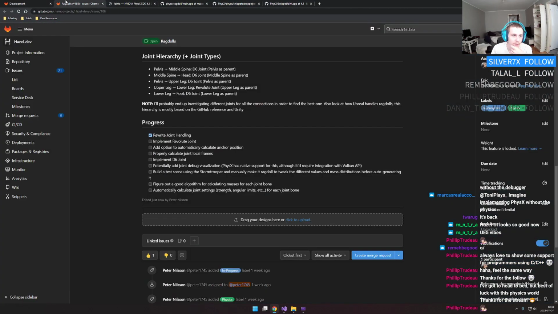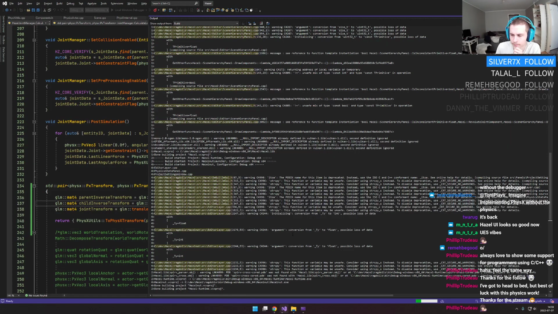But the Revolute joint is implemented. All the actual functionality is there, it's just the anchor position isn't quite correct, which is incredibly annoying.